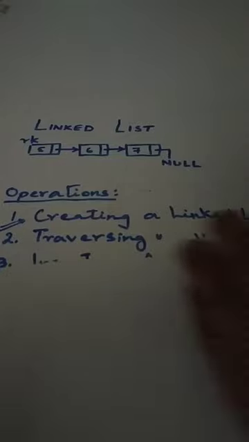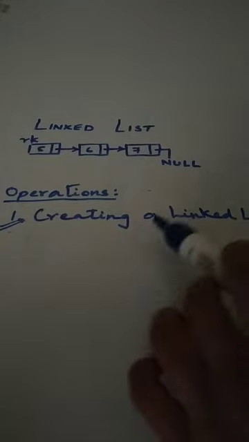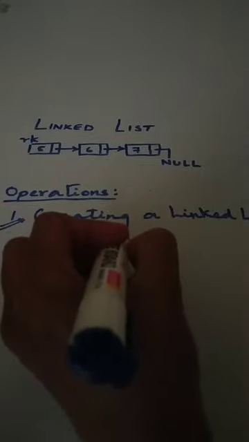As we're going to discuss this, I assume you already know how to work with structures in C, and you know what are self-referential structures. Self-referential structures basically are structures that reference themselves, that have one of their elements as themselves. That is, the data type is the structure itself. So here, when I talk about creating a linked list, the first basic thing to do is to create a node.